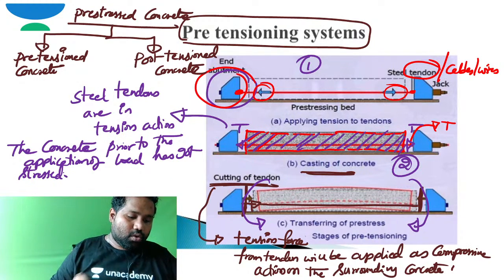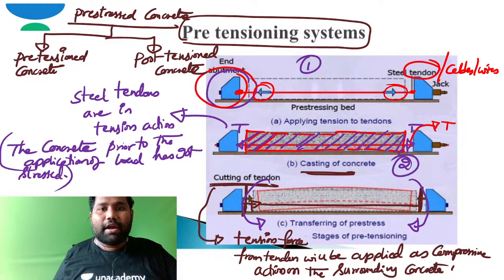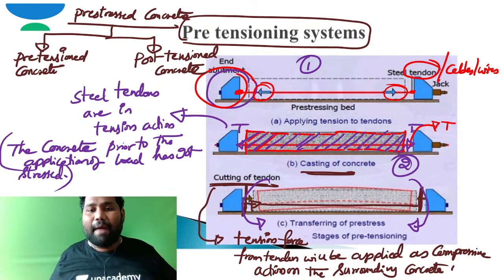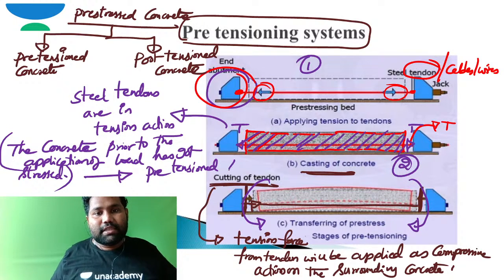And here the pre-tensioning action had already happened in this tendon. So this type of concrete is nothing but a pre-tensioned system. Here we call it a pre-tensioned system.